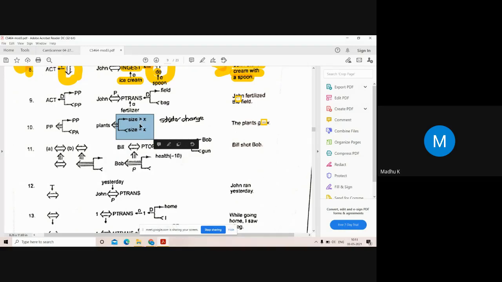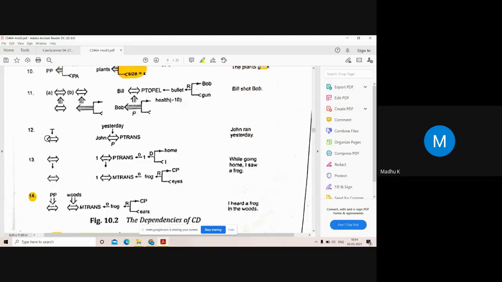That is the way of representing grew or growth. This is another rule. Try to understand that concept.